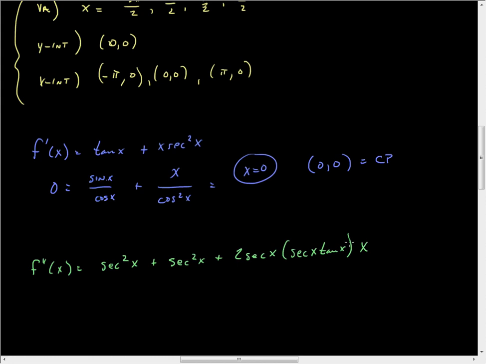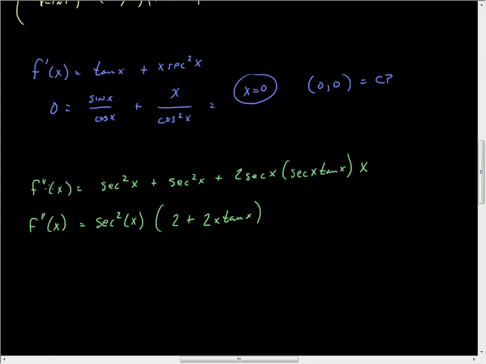So now if we clean this up just a little bit, I'm going to factor out secant squared x. And now that means that I've got 1 plus 1 is 2, plus 2x tangent x. Now, we want to find out what the sign of this is at x equals 0.